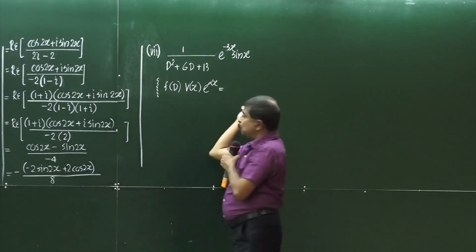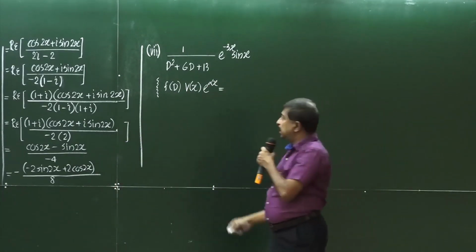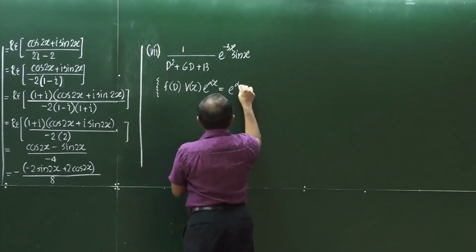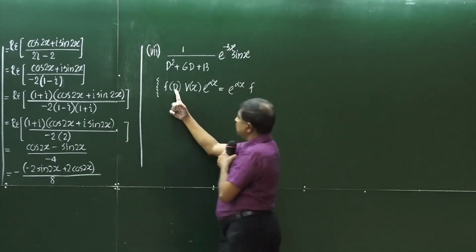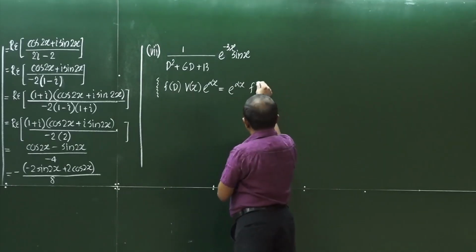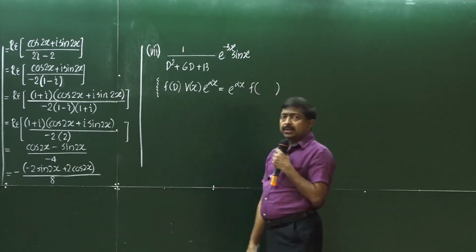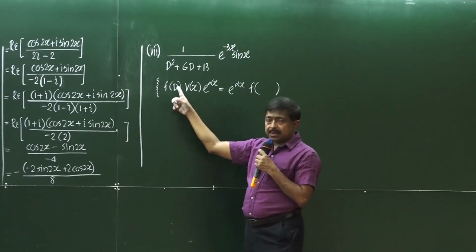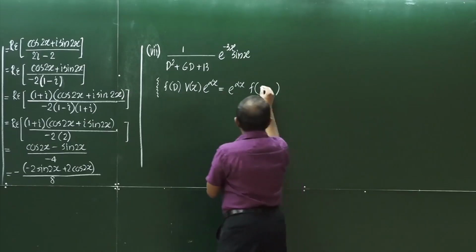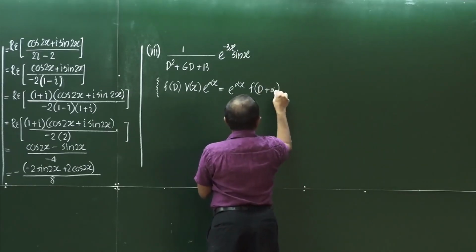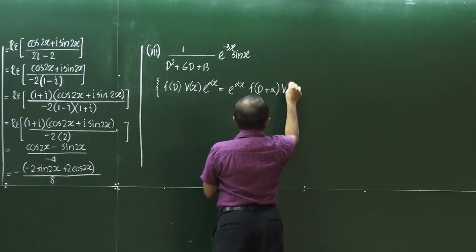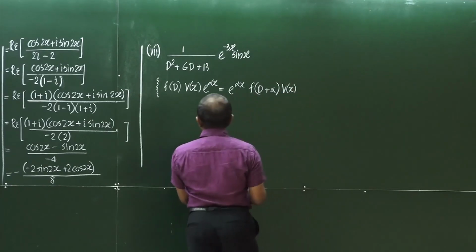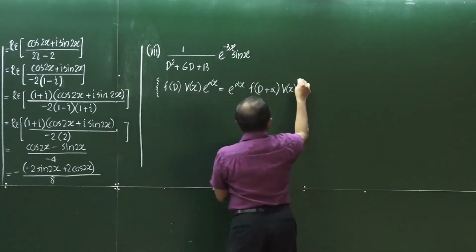What should you do? You pull out e to the power alpha x all the way to the front. In that process, this function is subjected to change. What's the change? D should be replaced by d plus alpha. Right, this is the formula.